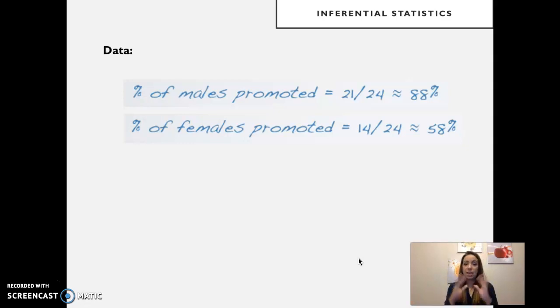So, in summary, we have a 30% difference in promotion decisions just based on gender, because every one of the 48 bankers received the exact same file with the same qualifications. All right, so that's the summary statistic that we're dealing with.